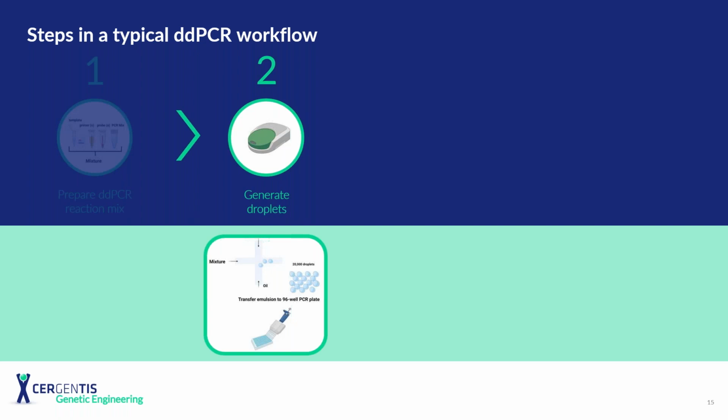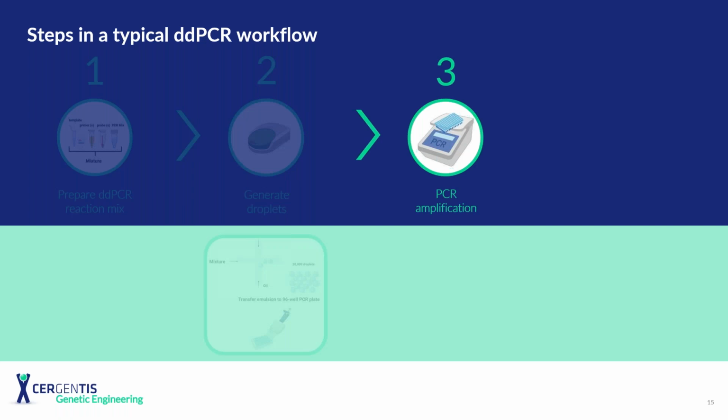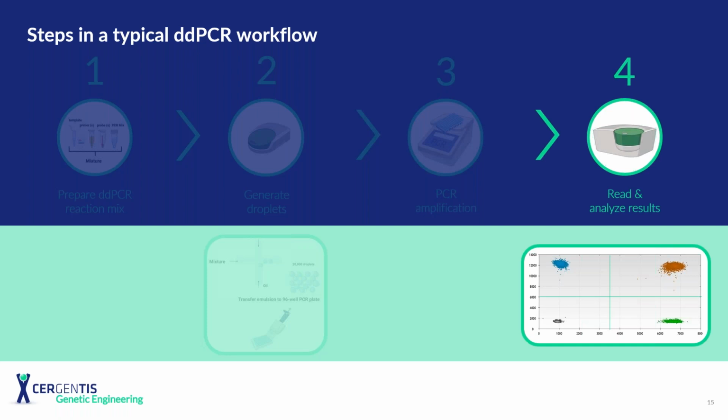So the ddPCR mix is combined with the oil to generate droplets in the ddPCR droplet generator. Third step is PCR amplification. So during this step, the PCR reaction is performed in every generated droplet. And finally, you read your samples in the ddPCR analyzer and analyze the results.